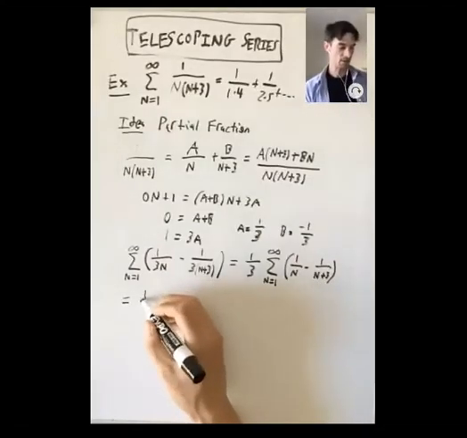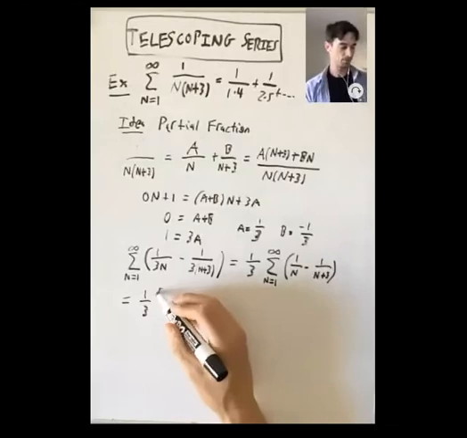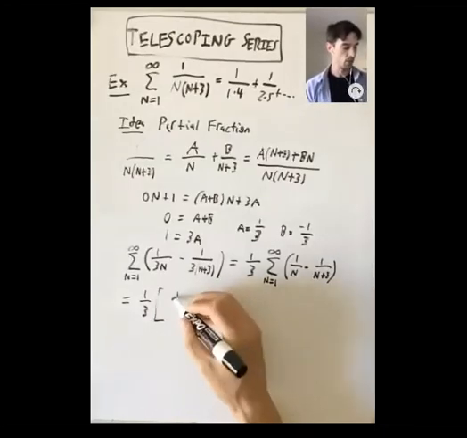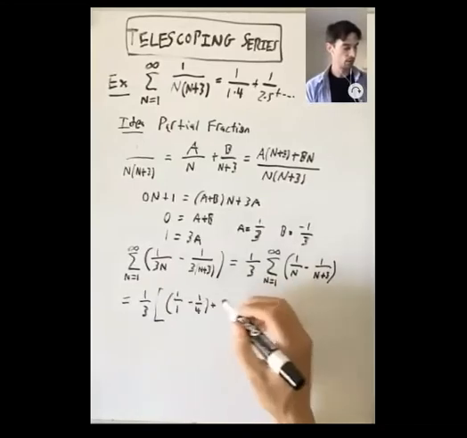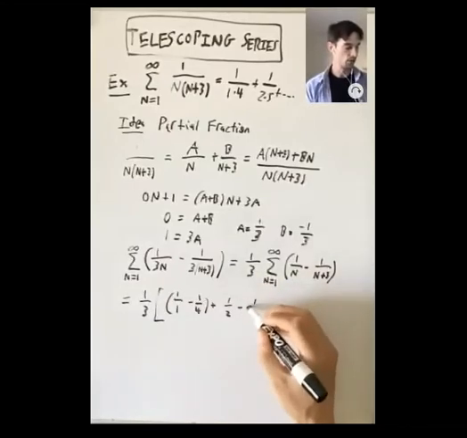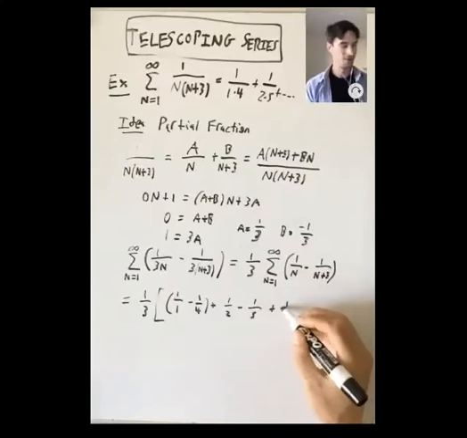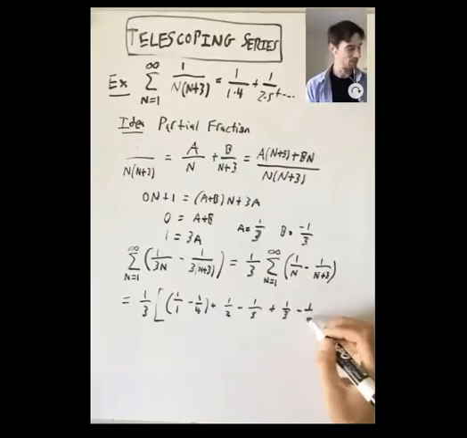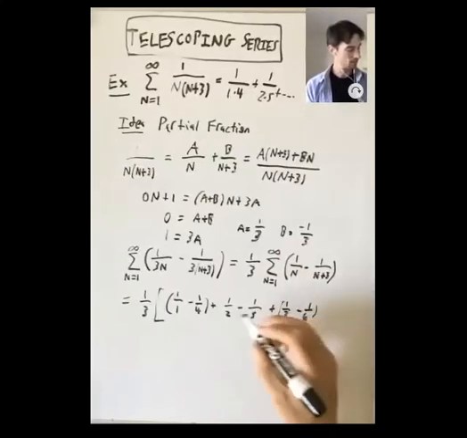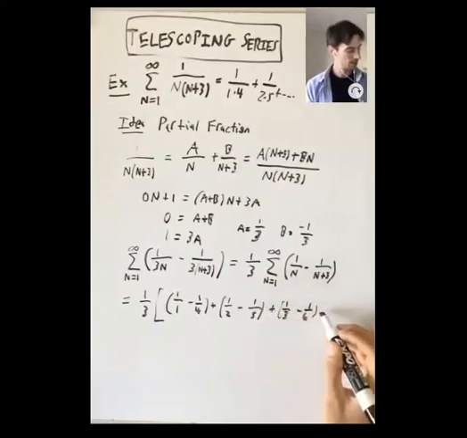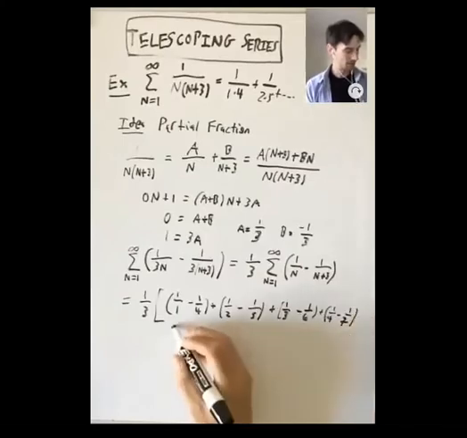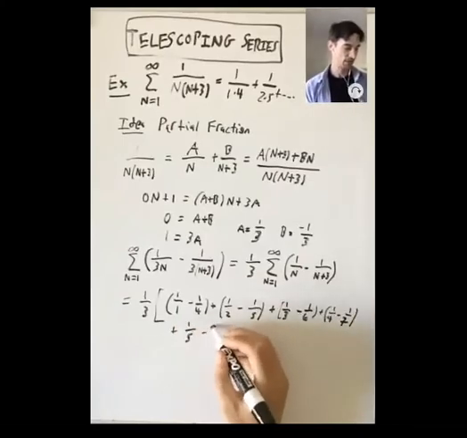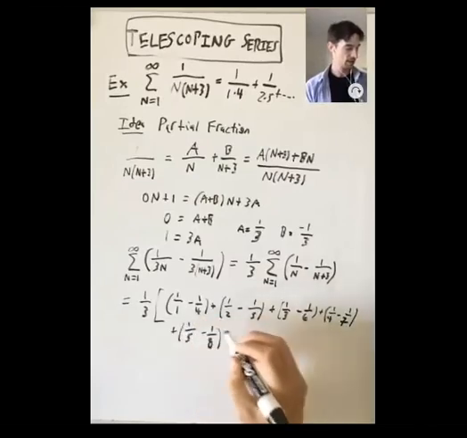So now we can start seeing what we get. We get 1 over 1 minus 1 over 4, plus 1 over 2 minus 1 over 5, plus 1 over 3 minus 1 over 6, plus 1 over 4 minus 1 over 7, plus 1 over 5 minus 1 over 8, and so on.